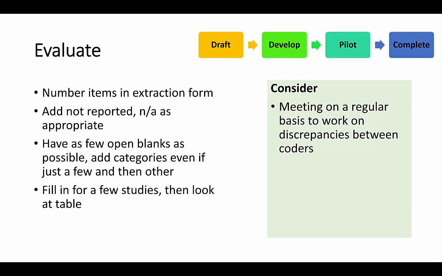So you may need "not reported" to be an answer for some of your questions. It's always good to have them pilot it, fill it in, and then look at the tables and things that they could get out of it. Sometimes that will help them to figure out, oh, this isn't a good question, or I need to do this a different way. That really can help.